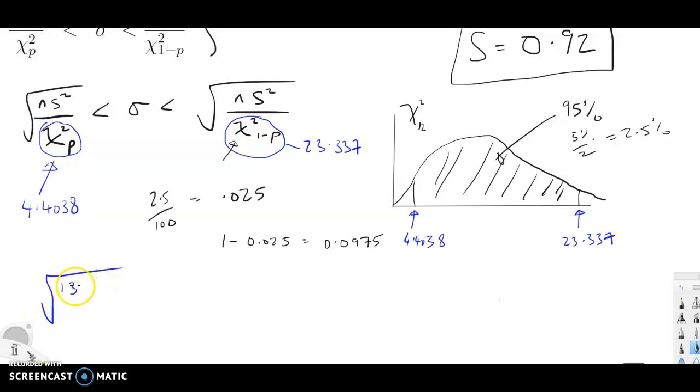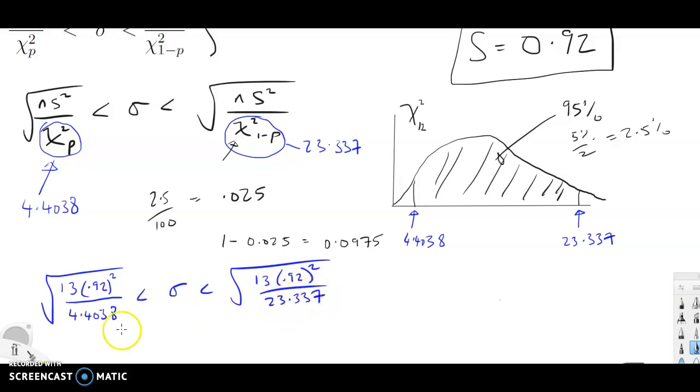So all we have to do now is finish off our calculations. n is 13. S is 0.92. We're going to square that, multiply by 13, and divide by 4.403. We're getting the square root of that. That'll be the lower limit for sigma. The upper limit then will be a similar job, 13 times 0.92 squared over our 23.337.